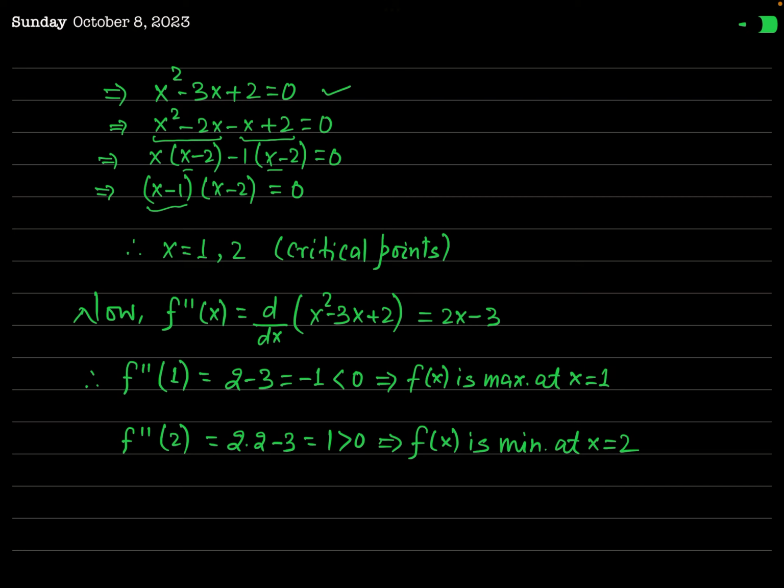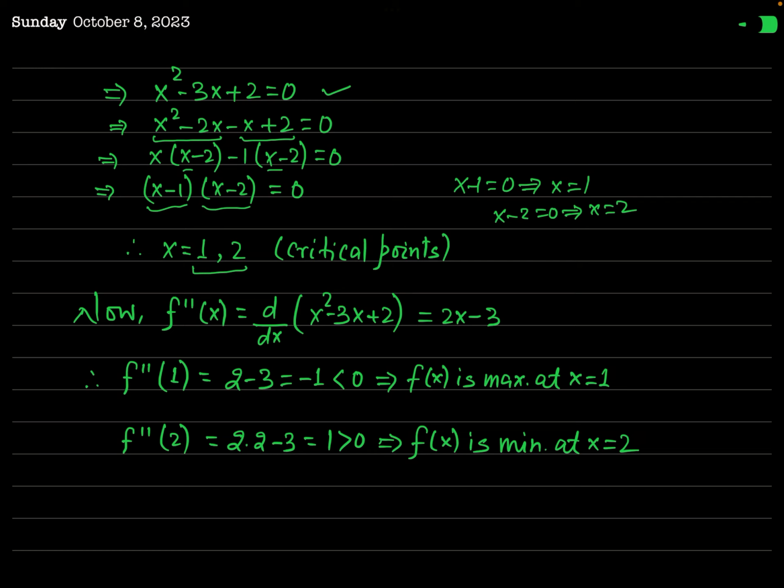So (x minus 1) times (x minus 2) equal to 0. And so you can write x minus 1 equal to 0, which means x equal to 1, and x minus 2 equal to 0, which implies x equal to 2. So there are two critical points, 1 and 2.